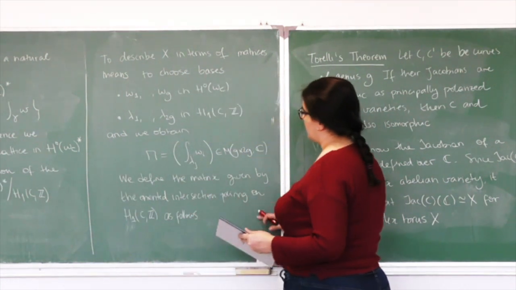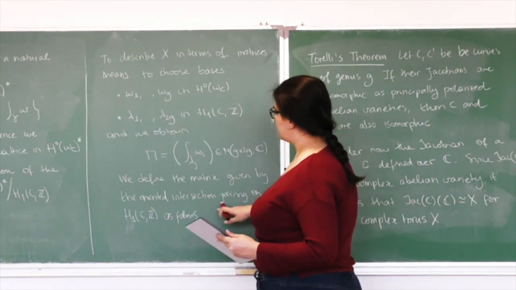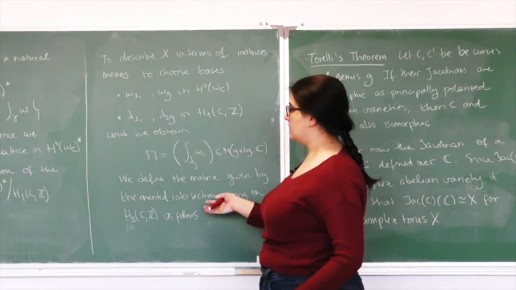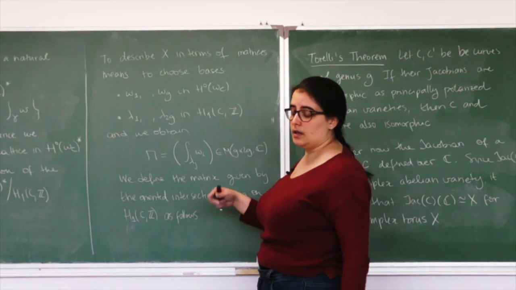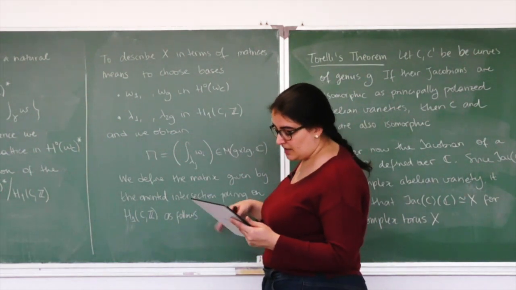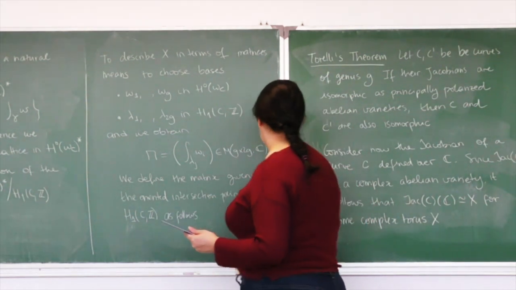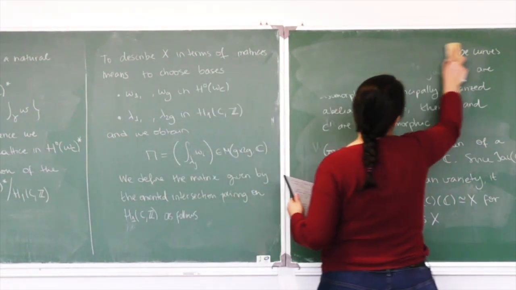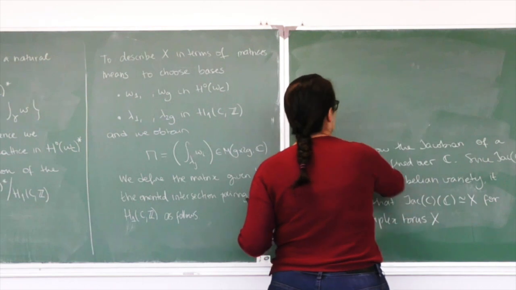So in order to define this matrix, what we are going to say is what do we mean by saying that two paths intersect at a certain point, how to count them, and how that determines a matrix for a given basis.